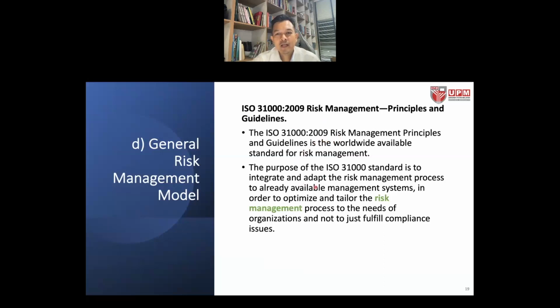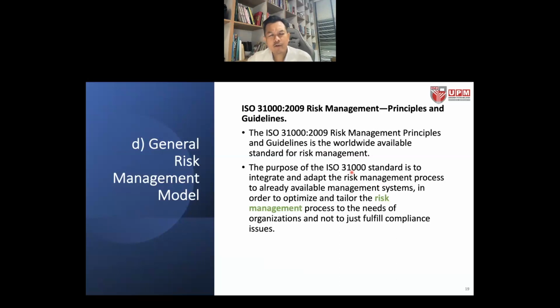The purpose of having this standard is to integrate and adapt the risk management process to an already available management system. Normally, a company that adopted this ISO 31000 has their ISO 9001.